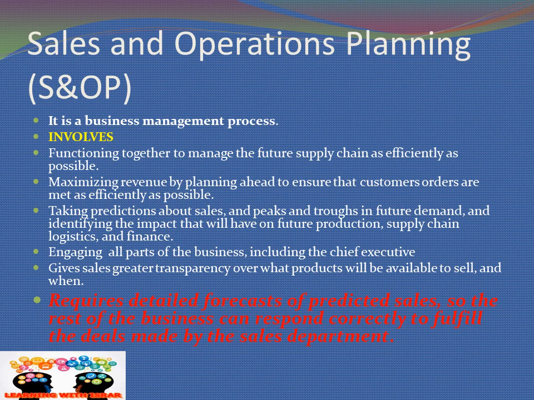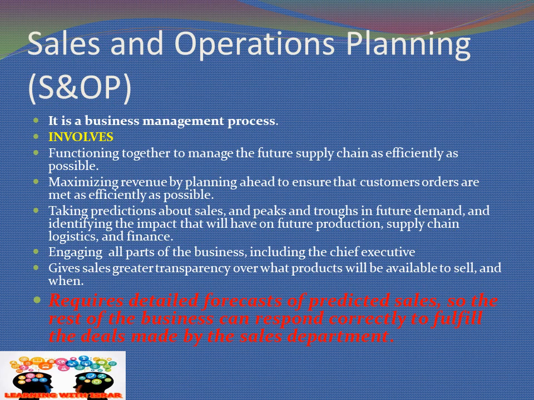It involves making predictions about sales and peaks and troughs in future demand, and identifying the impact that will have on future production, supply chain, logistics, and finance. So it starts with the sales forecast, its low points and high points in the demand, and then identifying how it will impact our production capacity, logistics, and our financials.